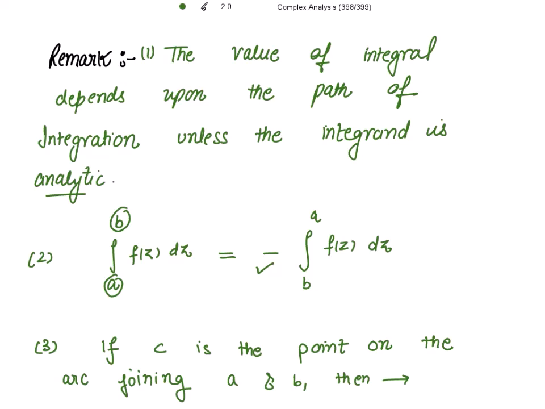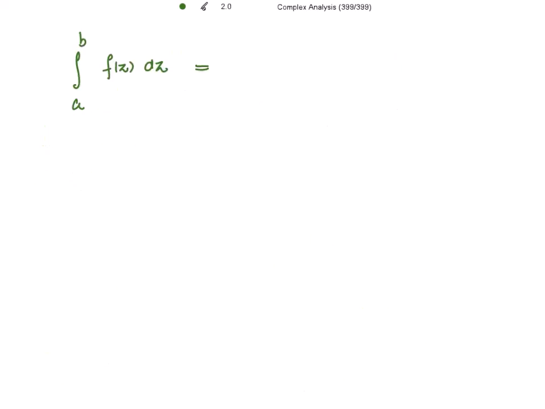Third remark: if C is a point on the arc joining A and B, then the integration from A to B of f(z) dz equals the integration from A to C plus the integration from C to B. We have the sum of these two integrals, right?